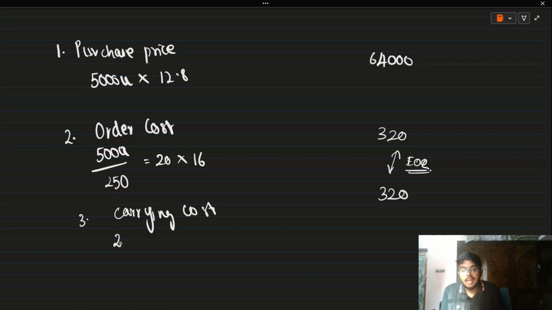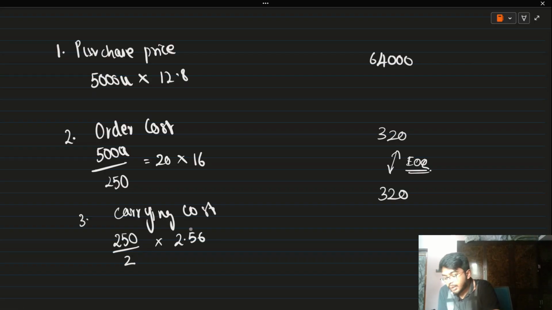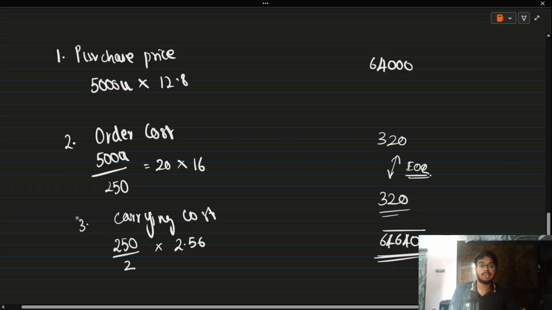Average inventory comes to 250 divided by 2, EOQ divided by 2 into 2.56, comes to 320. That's it. 320 into 2 plus 64,000. 64,640 is the new total variable cost.